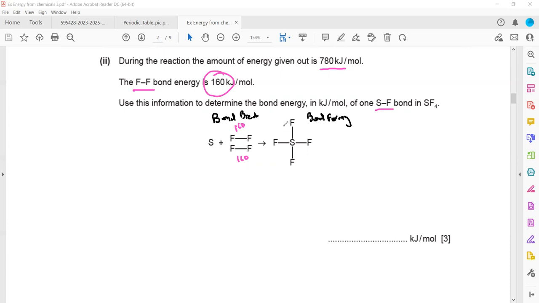Now remember the formula: the bond breaking energy minus the bond forming energy equals the energy change, or enthalpy change equals bond breaking minus bond forming.